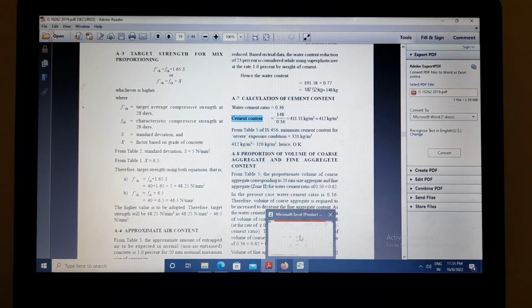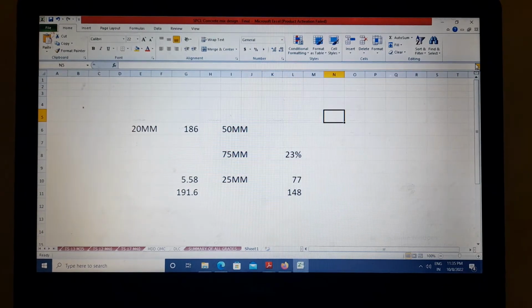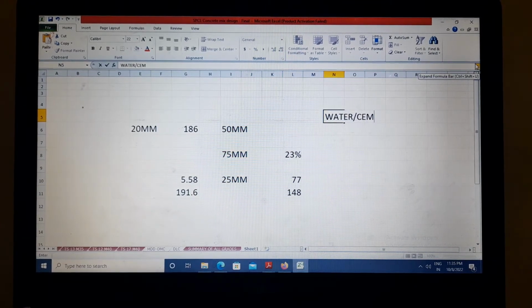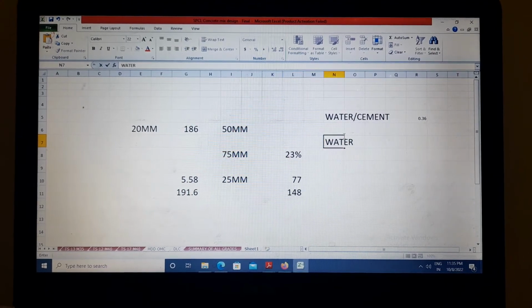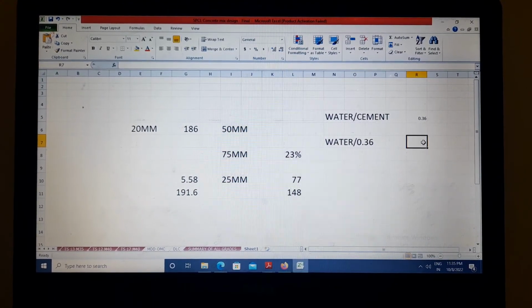I will give a brief explanation for this also. Water by cement, this is water cement ratio. Our water cement ratio is 0.36. If you need the cement content, just by mathematical calculation, water by 0.36 is equal to cement.